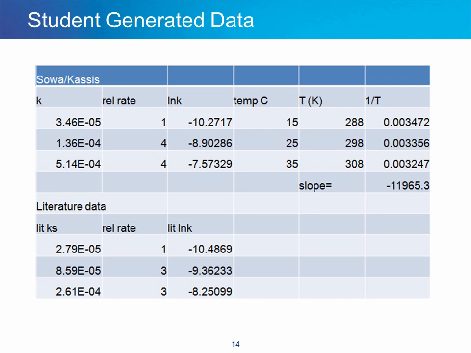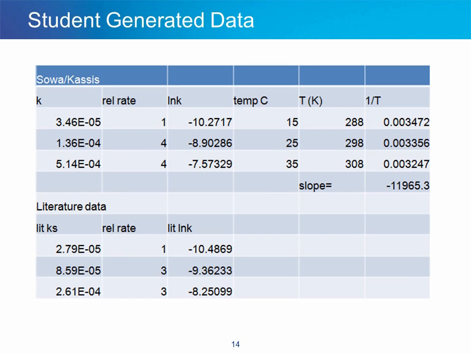This table shows data generated by students for this laboratory. In the first column on the far left are the rate constants at 15 degrees C, 25 degrees C, and 35 degrees C. In the second column is the relative rate of the reaction.